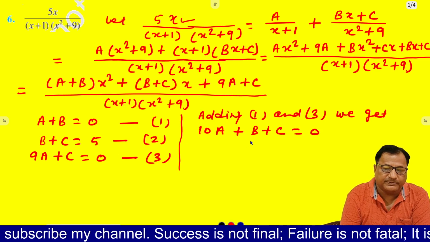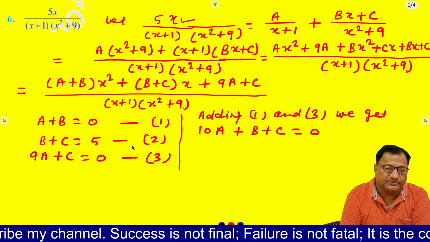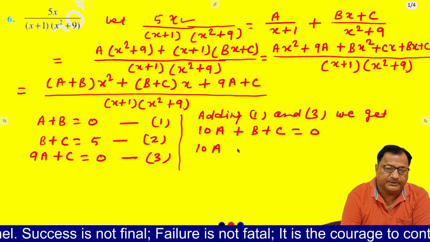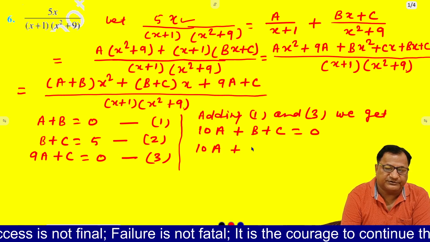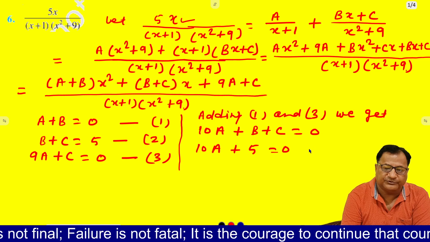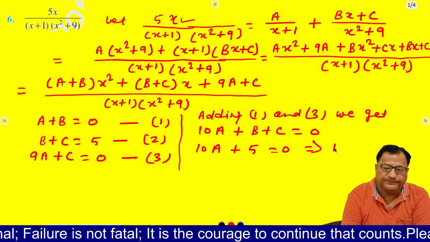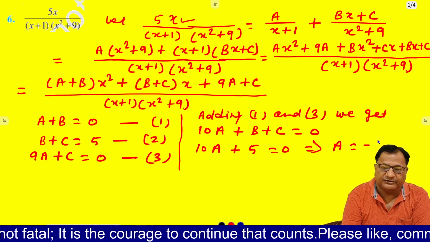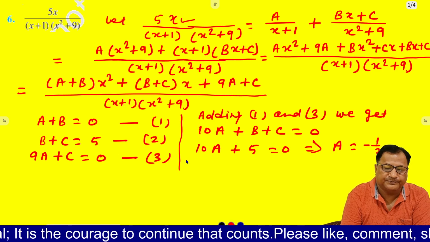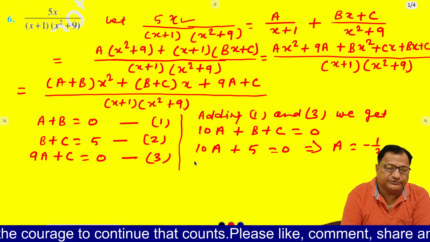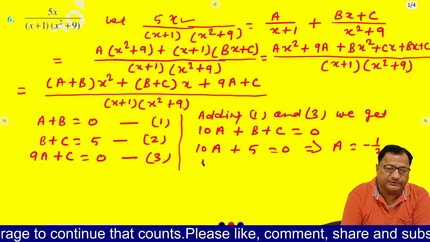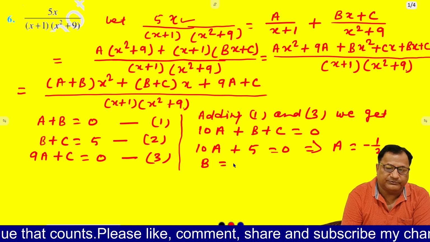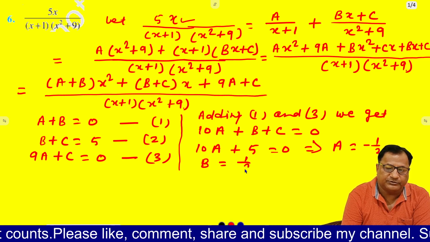Now we will put the value of B plus C from equation 2. So 10A plus 5 equal to 0, means A equals minus 5 by 10, means minus 1 by 2. If we put the value of A in equation 1, B will be 1 by 2.